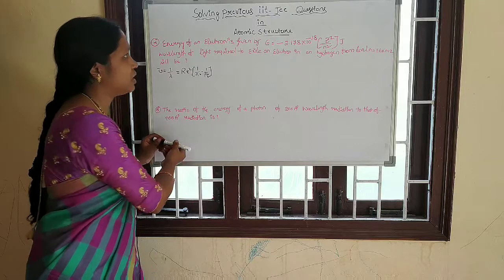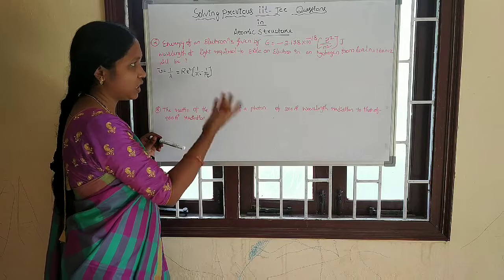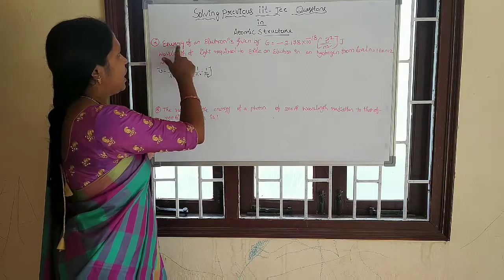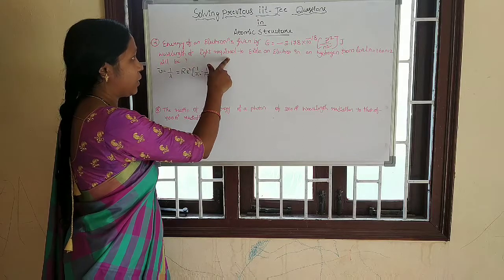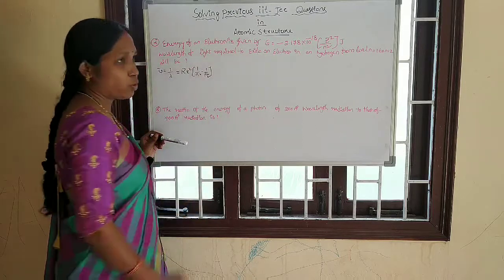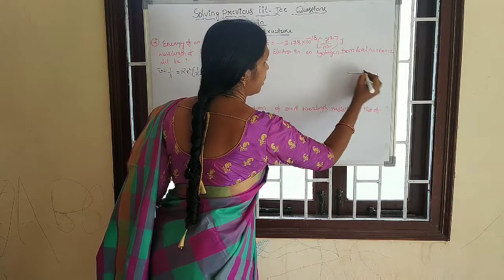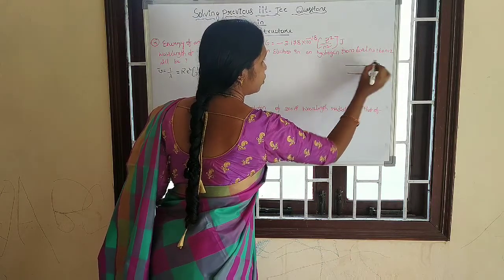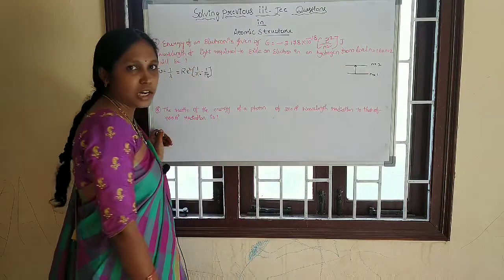And the next method is where the energy is given. The energy of an electron is given, and we need the wavelength of light required to excite an electron. Here n equal to 1 and n equal to 2: the electron is jumping from the first energy level to the second energy level.